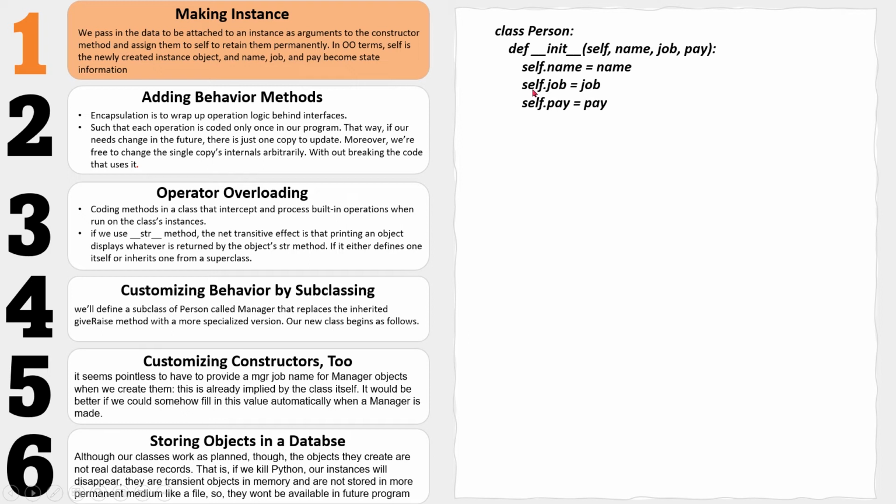But the self.job is an attribute of the instance, that is the implied subject of the method call. So there are two different variables which happen to have the same name. By assigning the job local to the self.job attribute with self.job = job, we have saved the passed in job for the instance for later use.